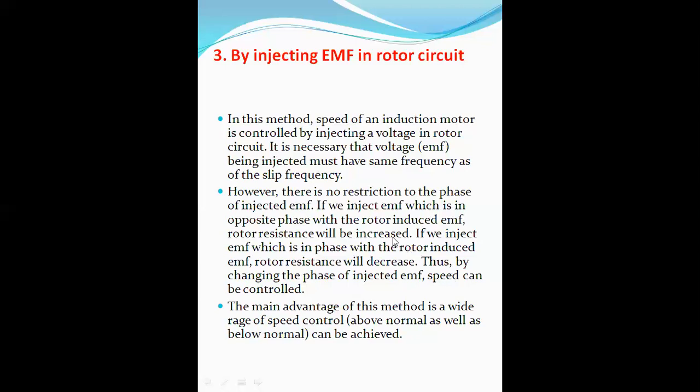For the first case, the voltage is summed up, and for the second case, the voltage is subtracted. Thus, by changing the phase of the injected EMF, speed can be controlled. The main advantage of this method is a wide range of speed control, that is, both above normal and below normal speeds can be achieved.